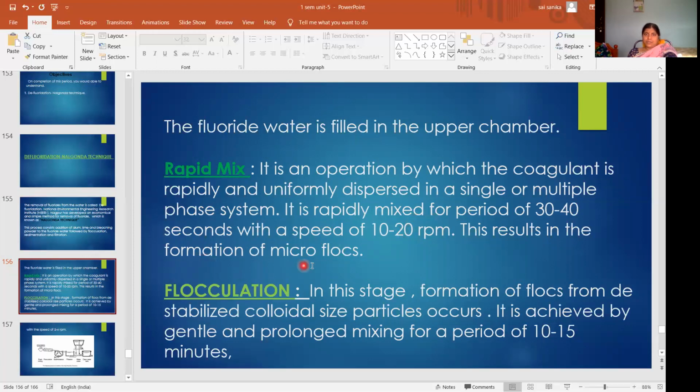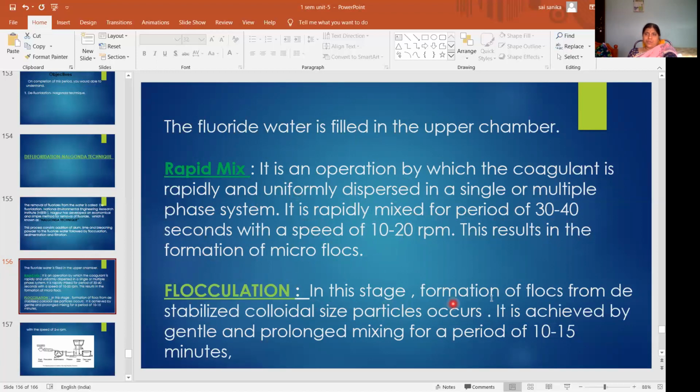This results in the formation of microflocs. That means rapid, fast mixing takes place by adding coagulant, and then microflocs will be formed. Okay, that is the first step. Then flocculation next.